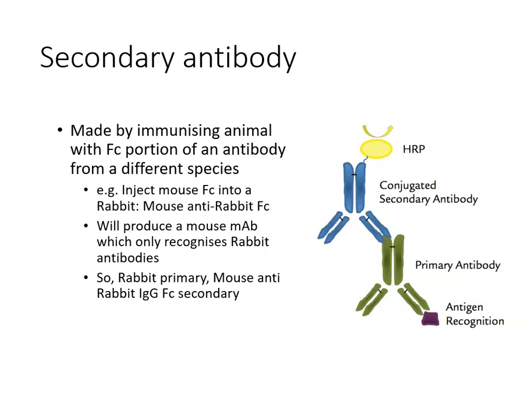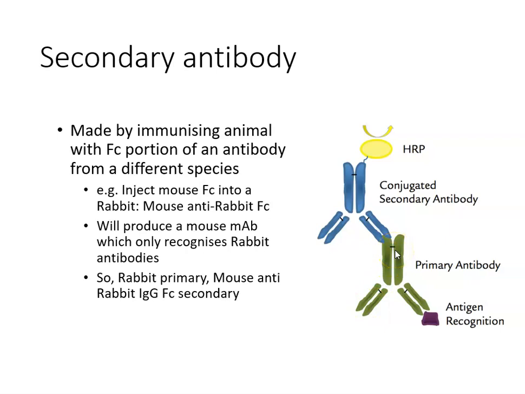Now, when I say you could inject an animal, well, in reality, somebody has injected the animal, but we just go to a catalogue and we can buy antibodies to almost every single known human, mouse, rat, rabbit protein that there is known. You can just buy them from a catalogue. So in my experiments, I will buy an antibody to one of my favourite proteins, let's say P53.